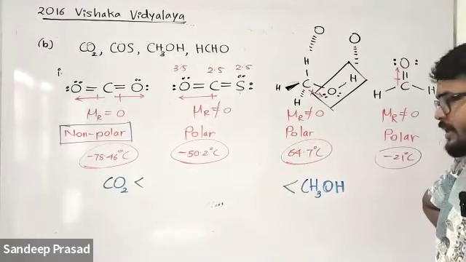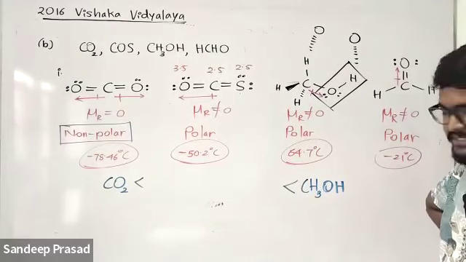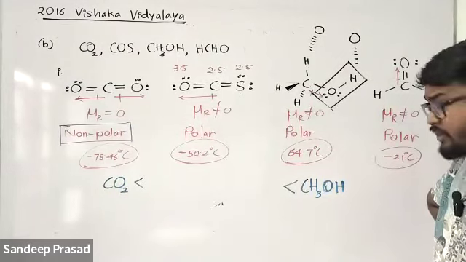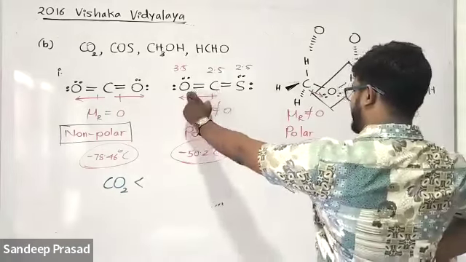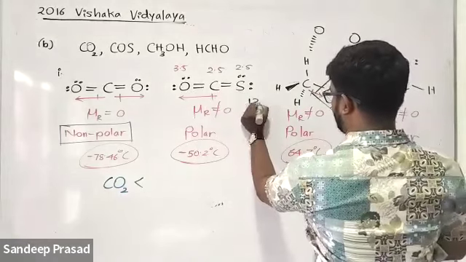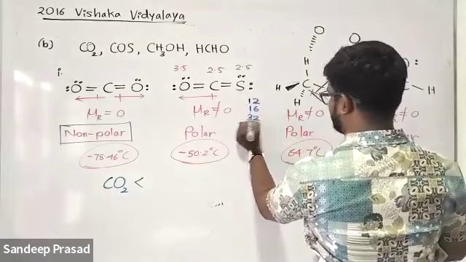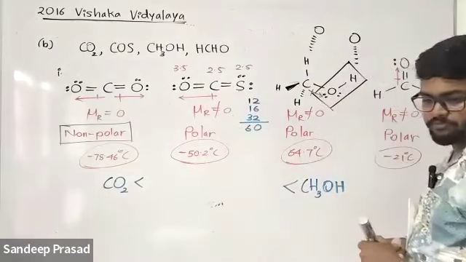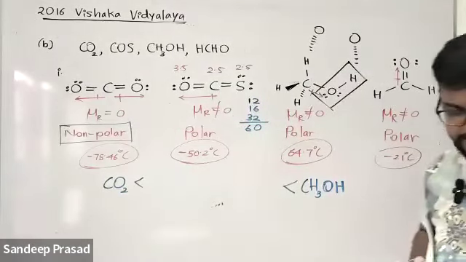According to the molar mass, carbonyl sulfide has the higher boiling point, because carbon is 12, oxygen 16, sulfur 32. The molar mass should be 12 plus 16 plus 32, that is 60 grams per mole. Any doubts?